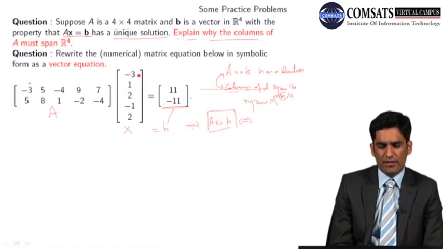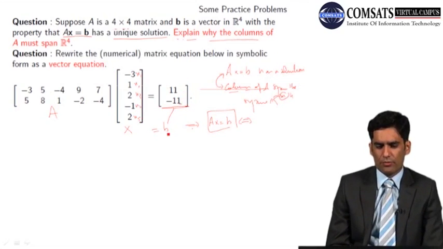अगर मैं इस वेक्टर की एंट्रीज को x1, x2, x3, x4 और x5 कहूं, और इस कॉलम वेक्टर को B कहूं.